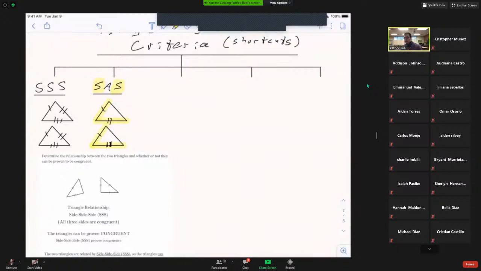But where does the angle need to go? Notice that the angle here is in the middle of the two sides. See how it's in between the two sides, SAS? The order matters here. We can't just pick any angle. We have to choose the angle that is in the middle of the two sides. And that's this angle right here.